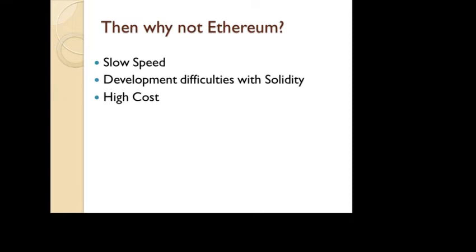We discussed the smart contract now. Let's talk about why not Ethereum. Ethereum is already providing all these solutions that we just spoke about, so why not Ethereum? Why credits, right?